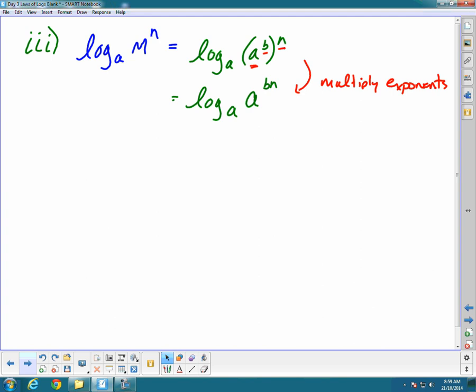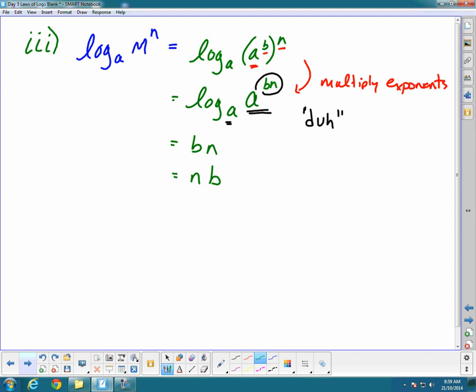Okay, we'll reuse the property of yesterday, because this is asking what exponent do you put on a to get this power. Well, obviously it's right there. So this is bn. So bn just means b times n. Because it's b times n, I can change the order around, right? N times b means the same thing.